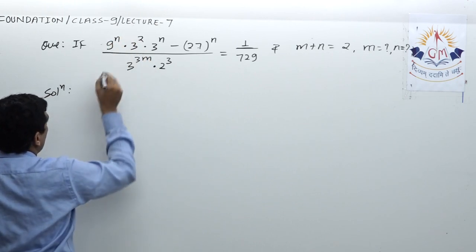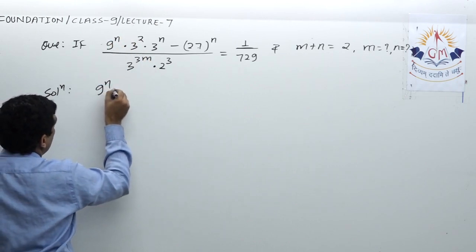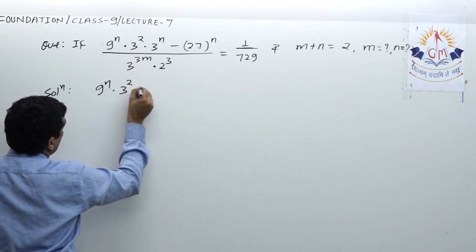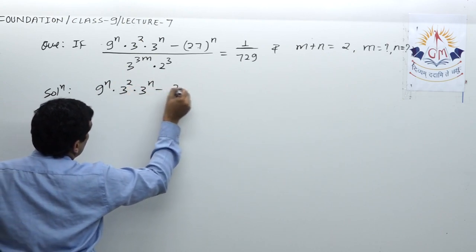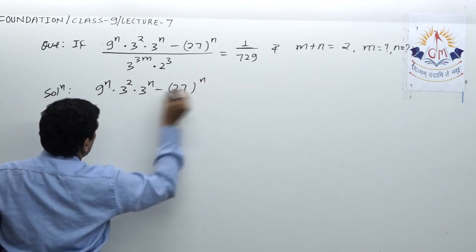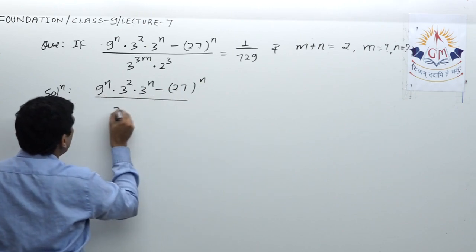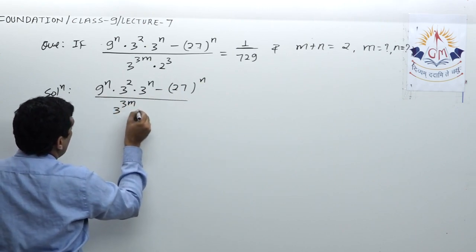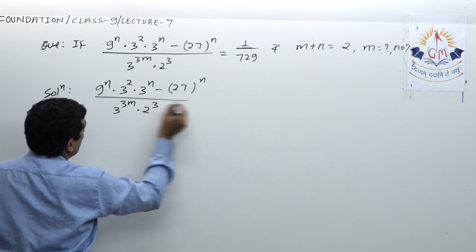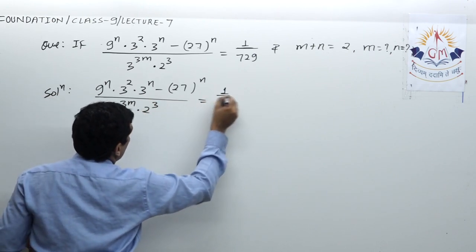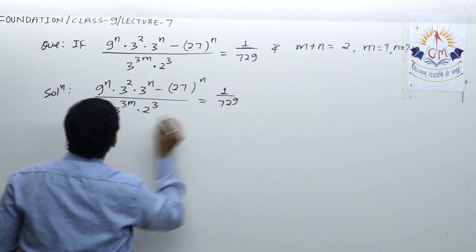So here first of all 9 raised to n into 3 square into 3 raised to n minus 27 raised to n divided by 3 raised to 3m into 2 cube is equal to 1 upon 729.